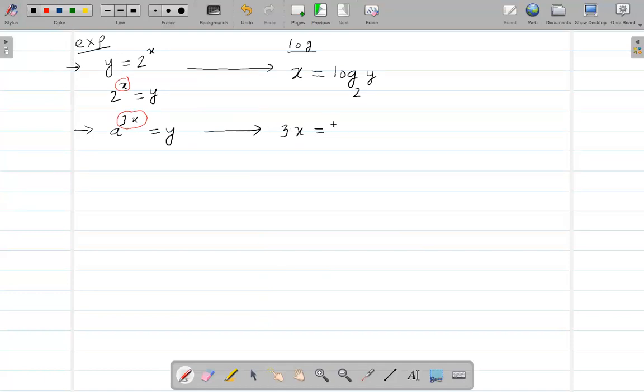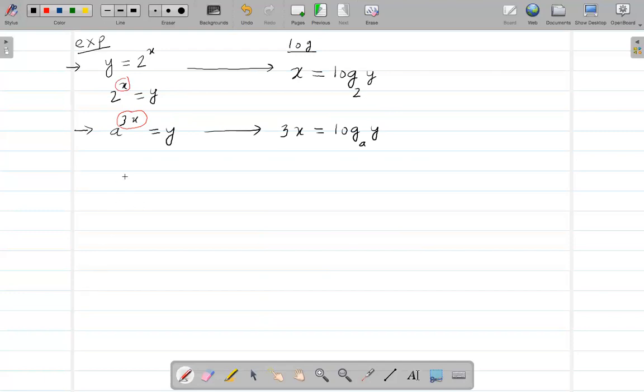Since we have a as the base of the exponential function, this is also going to go to the base of the log function: 3x equals log base a of y.